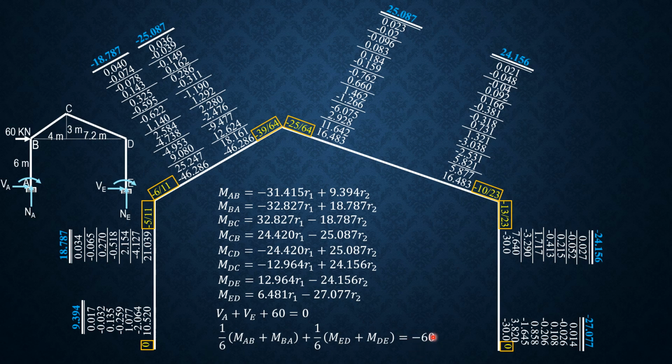Multiply everything by negative 6, then substitute the value of moment AB, moment BA, moment ED, and moment DE into this equation to set up the first equation.